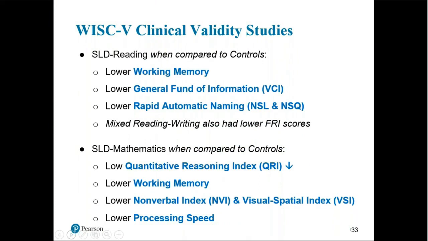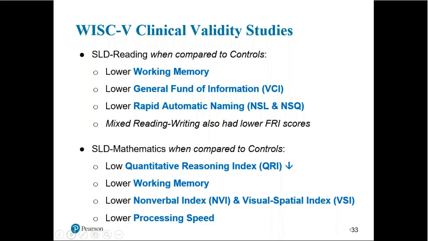So before we get to that, I do just want to draw attention to some of the clinical validity studies that were conducted with children who completed both the WIAT and also the WISC-V. We saw in the WISC-V in particular that when we had a group of children who had an SLD in reading, compared to their control group, they had lower working memory, and a lower general fund of knowledge, in particular in VCI.